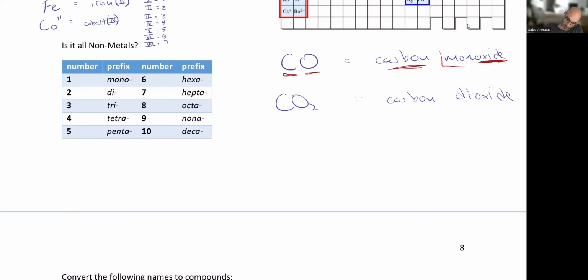But this time, mono represents 1 oxygen. Notice that I do not have mono on carbon, but just having carbon indicates that I have 1. So this is the only exception: we never put a prefix of mono for the first one. So that means I have 1 carbon and I have 2 oxygens.